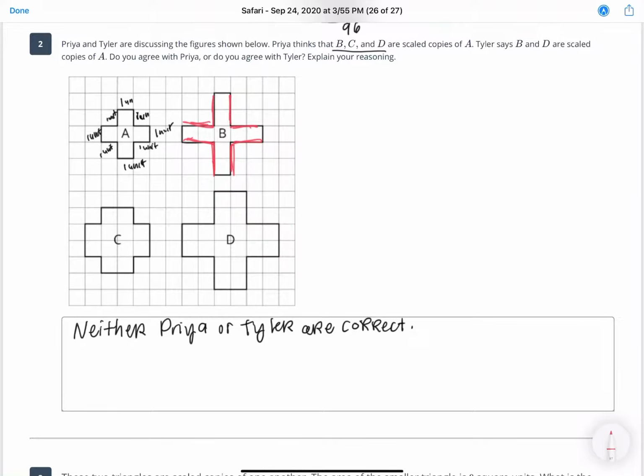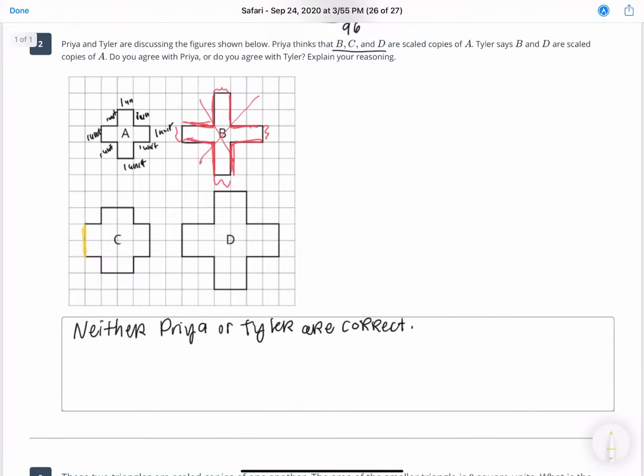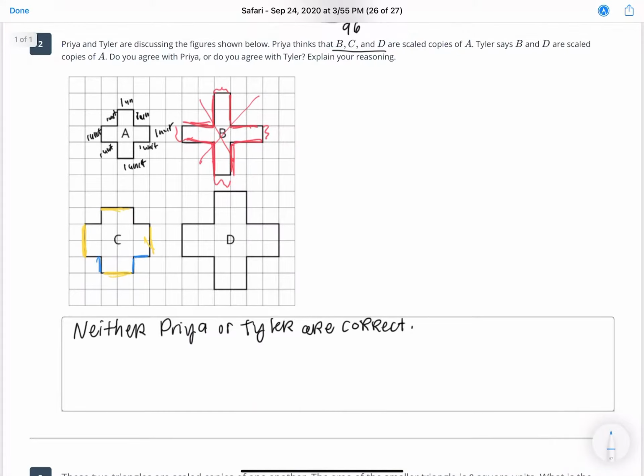The arms, I'm going to say the arms are doubled, but the width right here stayed at 1, which makes it not a scale copy. C, on the other hand, got wider, doubled widthwise, but the units right here stayed 1. I'm highlighting this in blue. This stayed 1 unit. Okay?